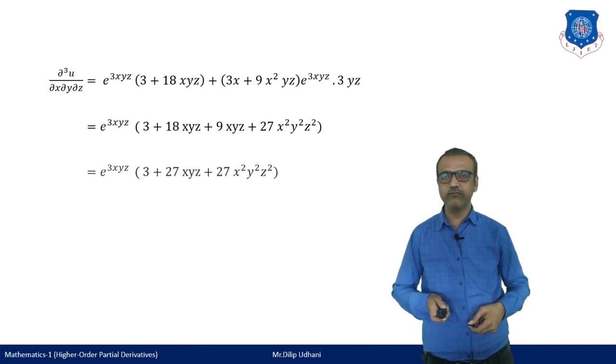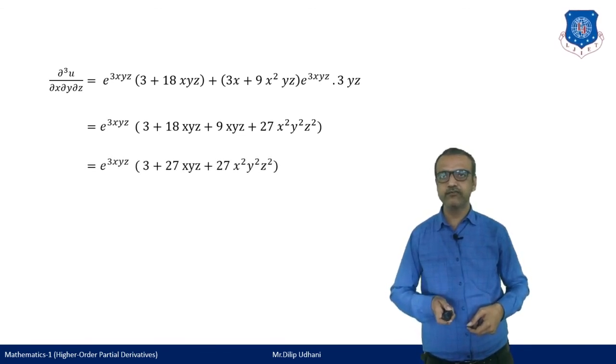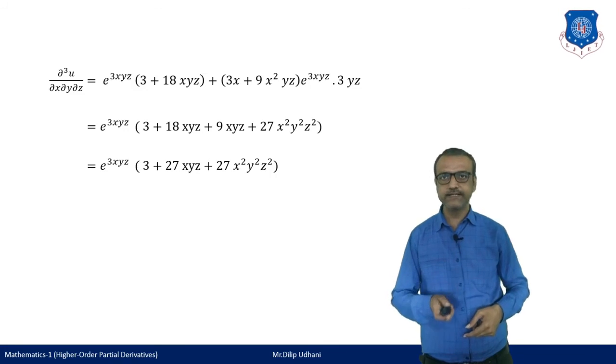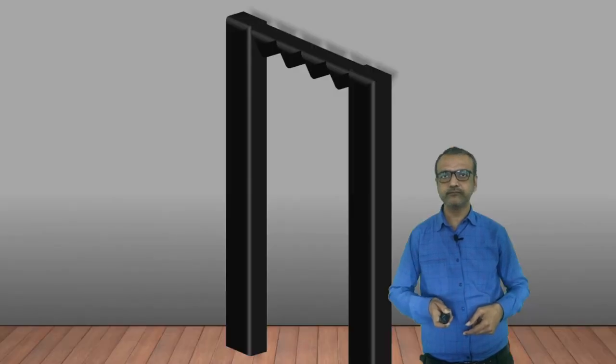Now again we have to simplify this result, so that equals e raised to 3xyz into bracket (3 plus 18xyz plus 9xyz), and the result is 27xyz plus 27x square y square z square. So this is the required result: del cube u by del x del y del z equals e raised to 3xyz into (3 plus 27xyz plus 27x square y square z square).